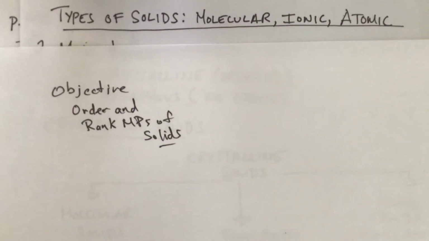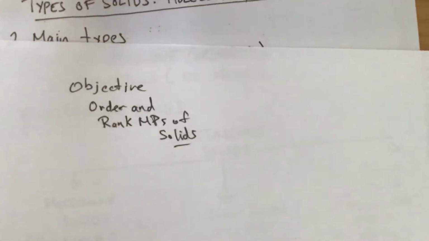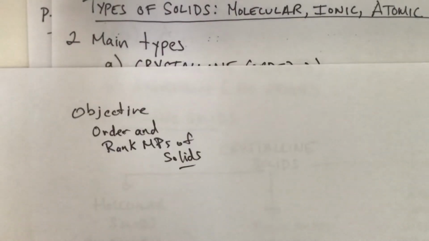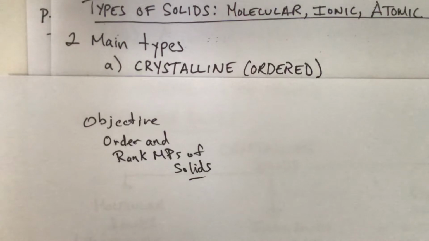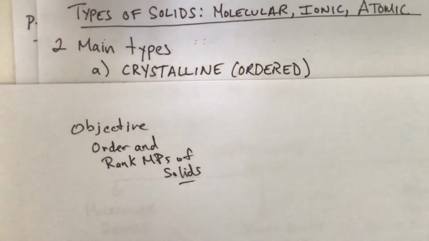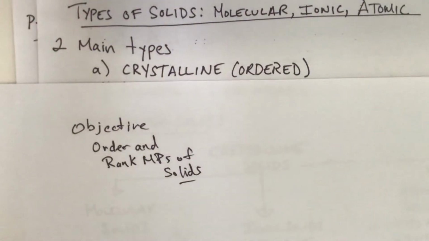Okay. So, types of solids. If we go back to the beginning of our unit, there are two main types of solids. The main type that we care about today is crystalline solids. Anything with a crystal is fairly well ordered. There's a pattern. If we think about diamond, all those carbons are very well ordered into a crystal, like a lattice structure.